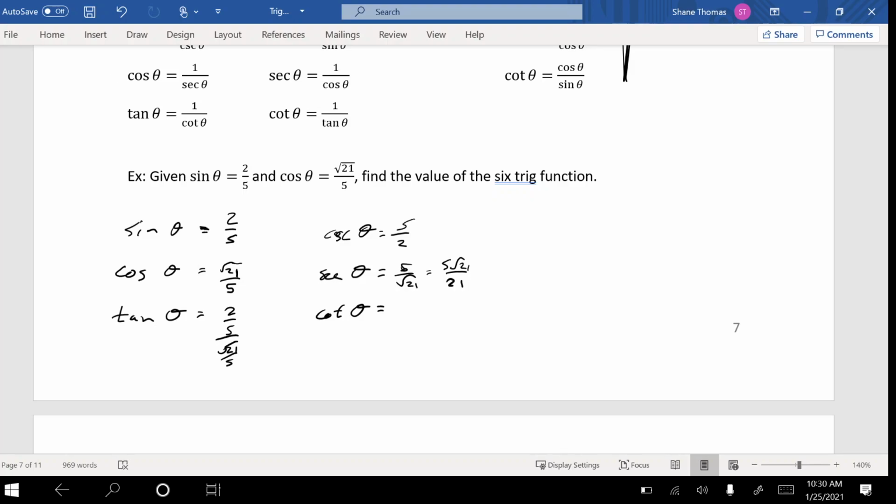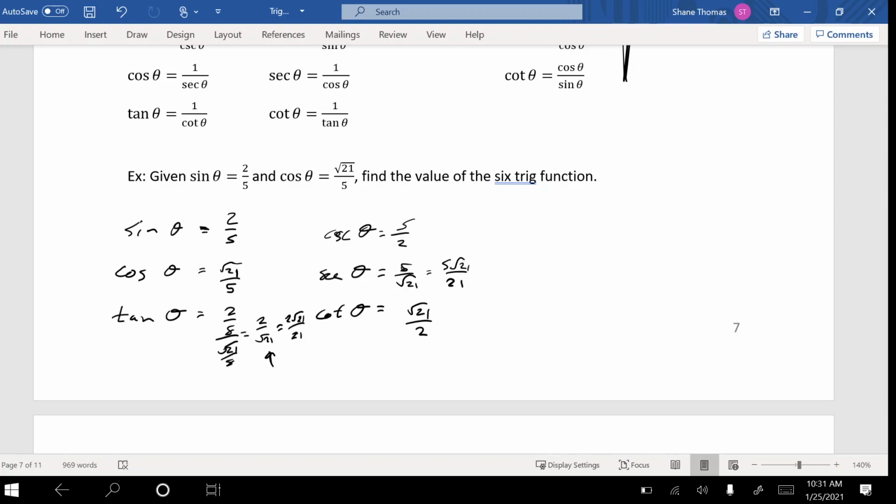If I reciprocate that up, the 5's are going to cancel, so that's going to leave me with 2 over root 21. Then I would simplify the radical, and I would have 2 root 21 over 21. Then cotangent, the other way, would be root 21 over 2.